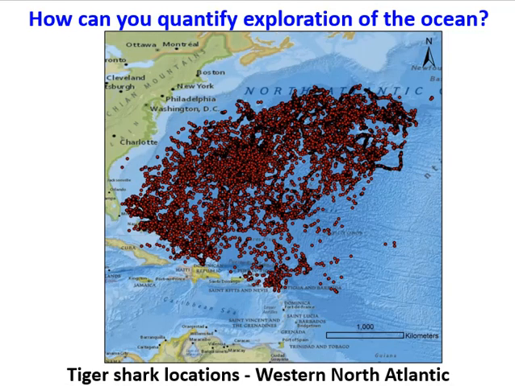I'm going to talk about 3 species, but let me illustrate, first of all, the kind of data that you get. This is data from about 30 tiger sharks that we tracked in the western North Atlantic. Most of these were tagged in Bermuda. And so these sharks come to the surface, they get a location. This is where they were.